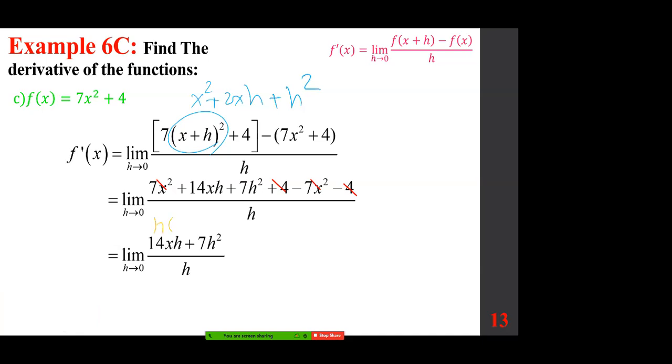That's fine. 14x, okay, plus 7h. Again, I can factor out the 7h. The reason I don't want to do that, I just want to get rid of the h, class. And now I'm going to replace the h with 0, and the answer is 14x.